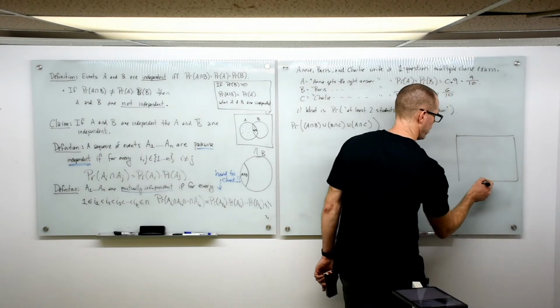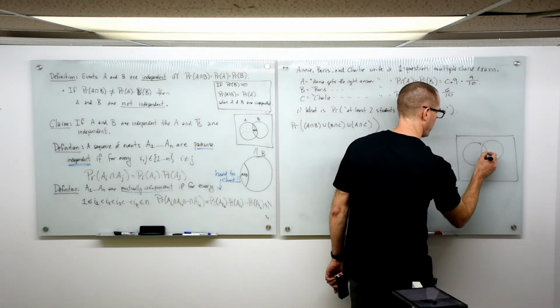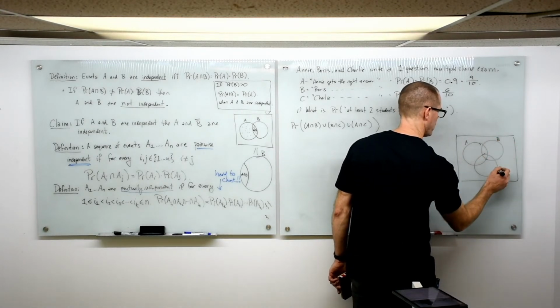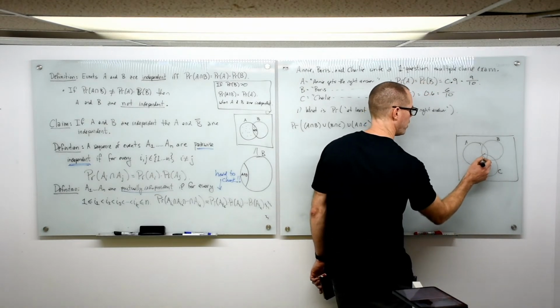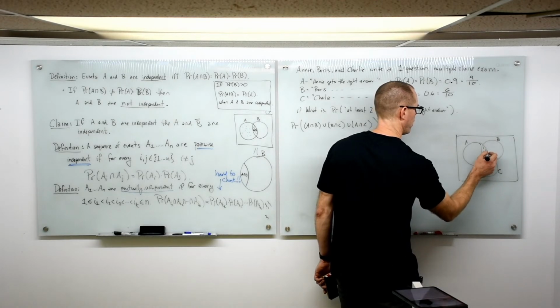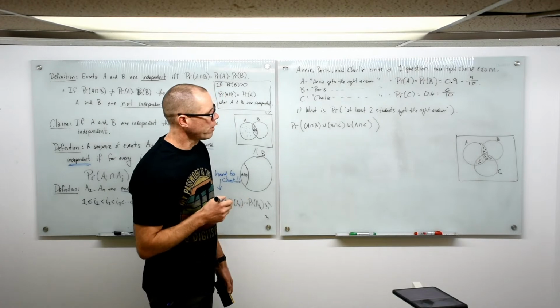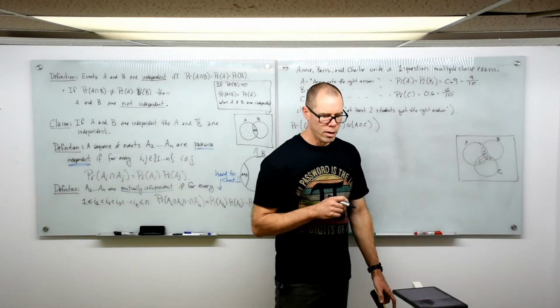If I want to look at what that looks like in a picture, we have Annie, Boris, and Charlie. I'm interested in that part of the picture there, that's contained in at least two of them.